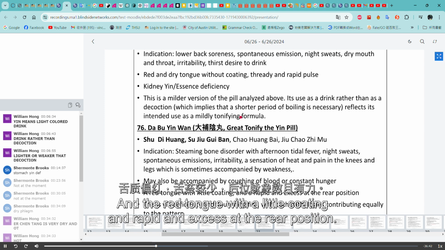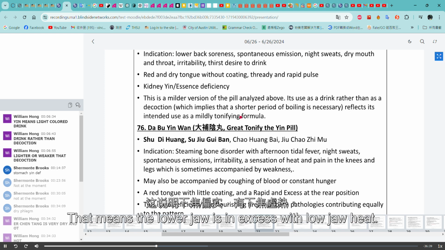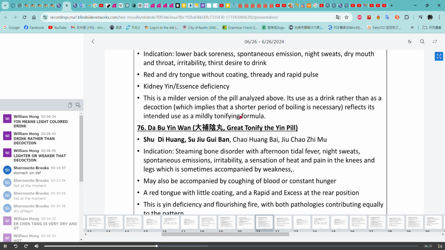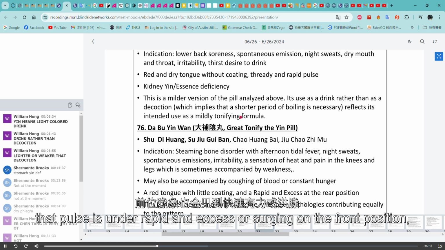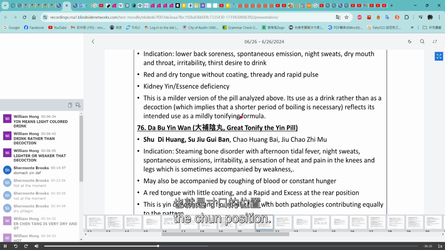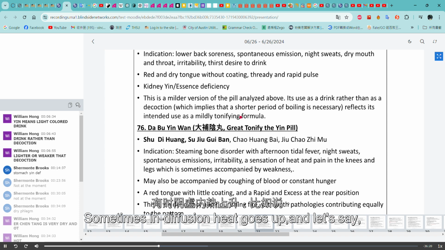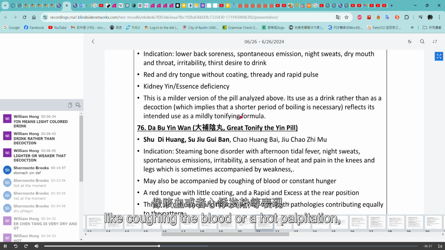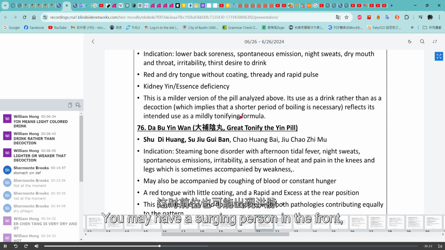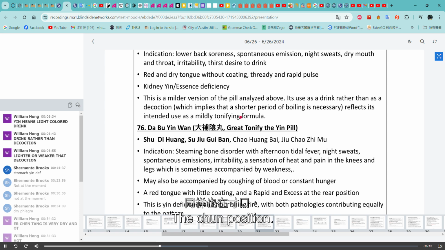So that means the lower jiao is in excess with lower jiao heat. But sometimes if you read some cases, the pulse is rapid and excess or surging at the front position, the cun position, because sometimes deficiency heat goes up, and let's say like coughing the blood or heart palpitation, you may have a surging pulse in the front, the cun position, because deficiency heat goes upper.